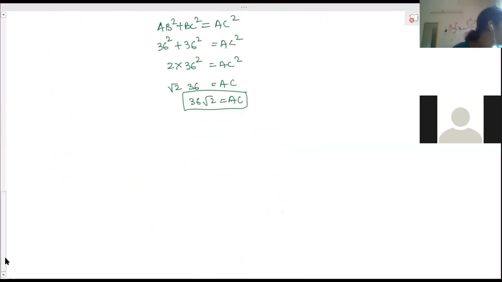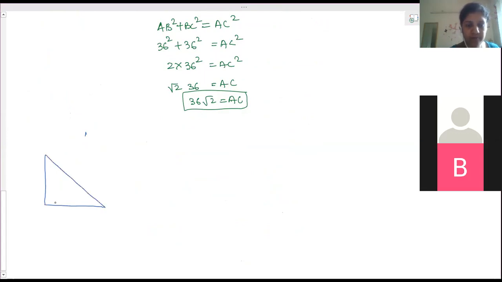26th question. Right triangle ABC, right angled at C. So this is A, this is B. D is the midpoint of BC.